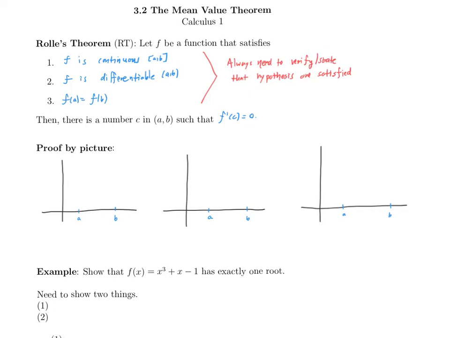Now, I don't want to go through an extensive explanation or argument as to why Rolle's theorem is true, but a really nice feature is that we could just draw a couple pictures and I think I'll convince you that it must be true. So this third property is that f of a must be equal to f of b. So I'm just going to throw a few points into these graphs.